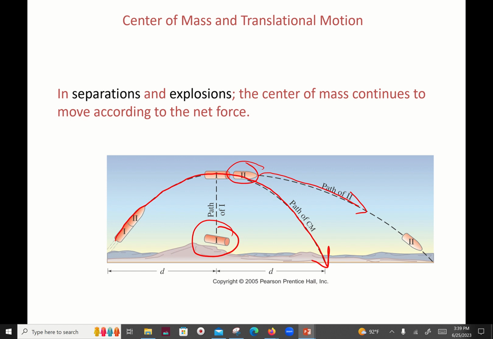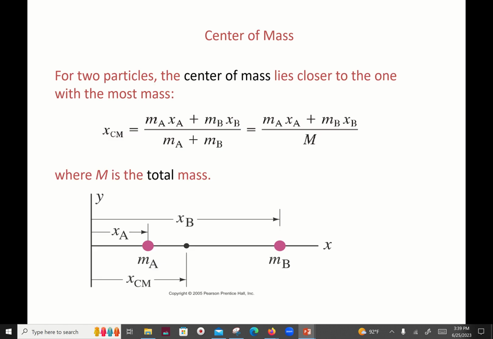Whenever anything is moving not like a particle, the center of mass is the thing that obeys Newton's laws that we described earlier. So what is the center of mass? Well, it's easy to describe if you've got discrete particles.